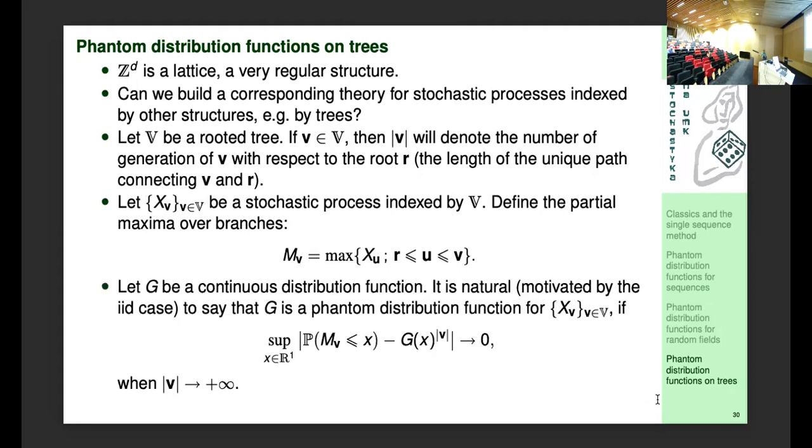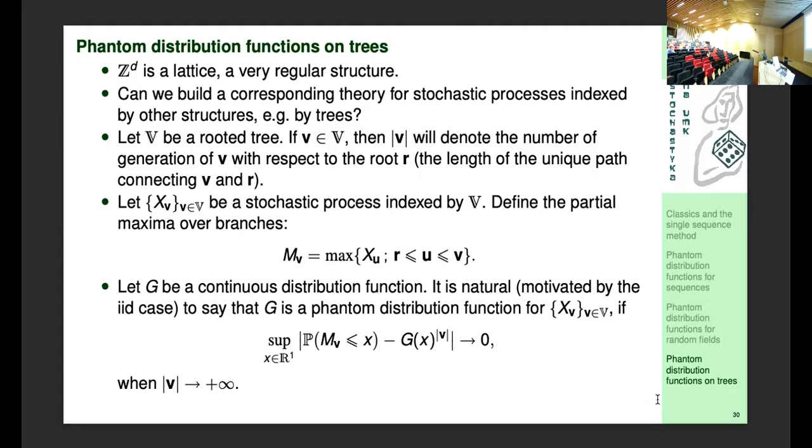Again, there is a natural definition for a phantom distribution function. If we have an IID sequence, then we would have exactly equality here with F as the distribution function.